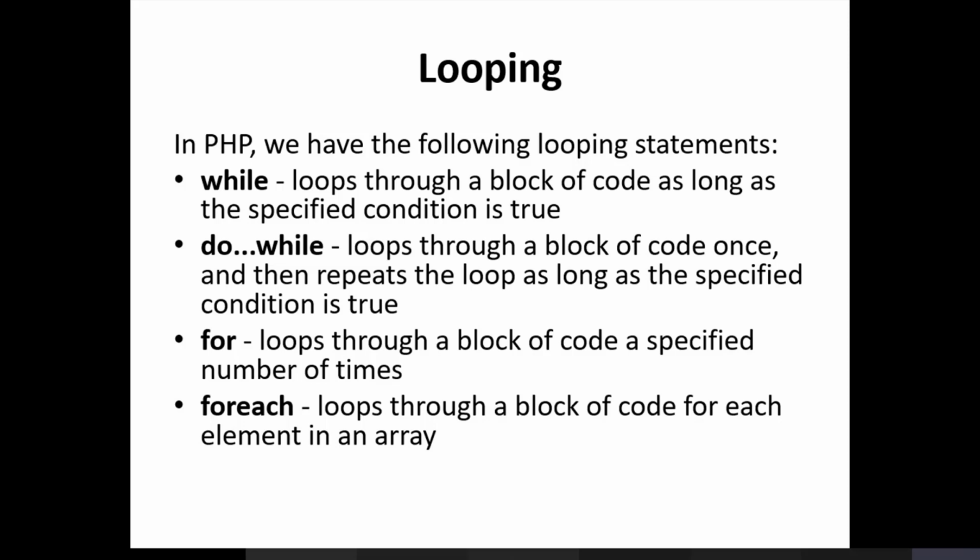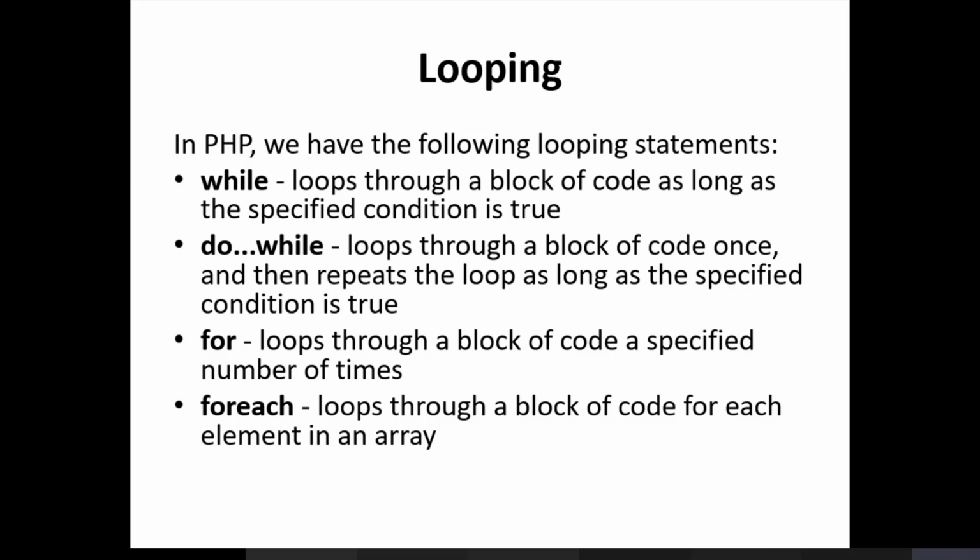First of all, while. While loops through a block of code as long as the specified condition is true. So if the condition is true, it keeps on looping the block of code, and as soon as the condition becomes false, it comes out of that particular block of code.